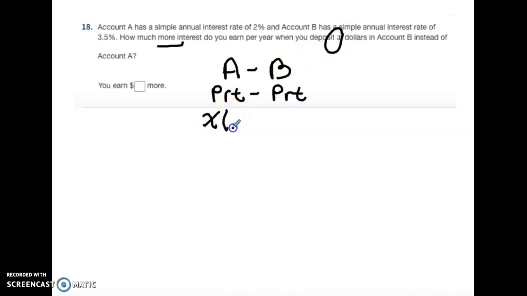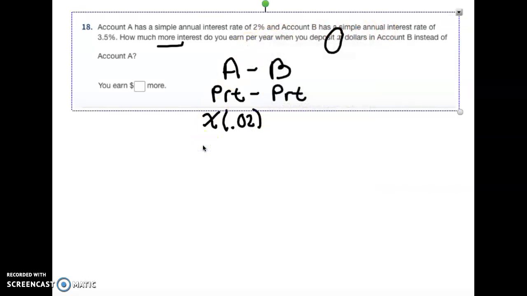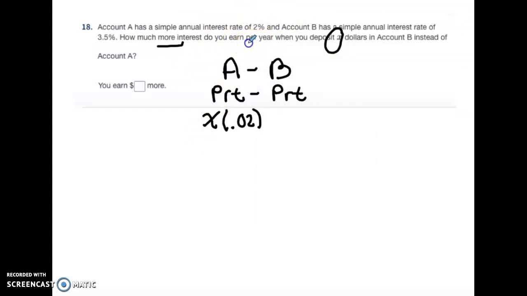A earns 2%. Put it in as a decimal, per year. So this gives us per year right here, which means 1 year. T is 1.